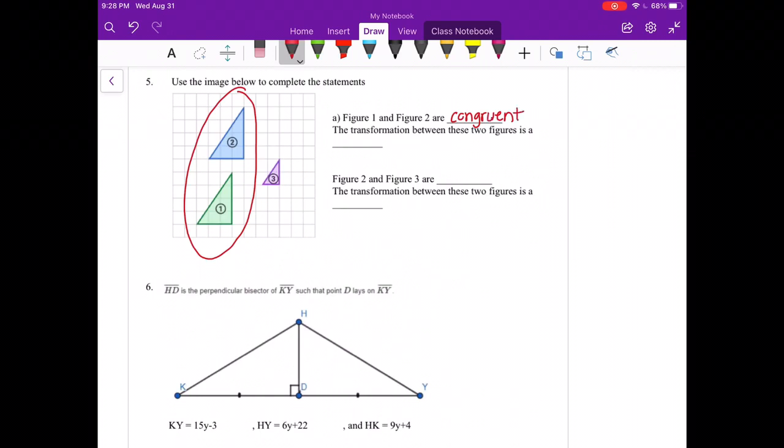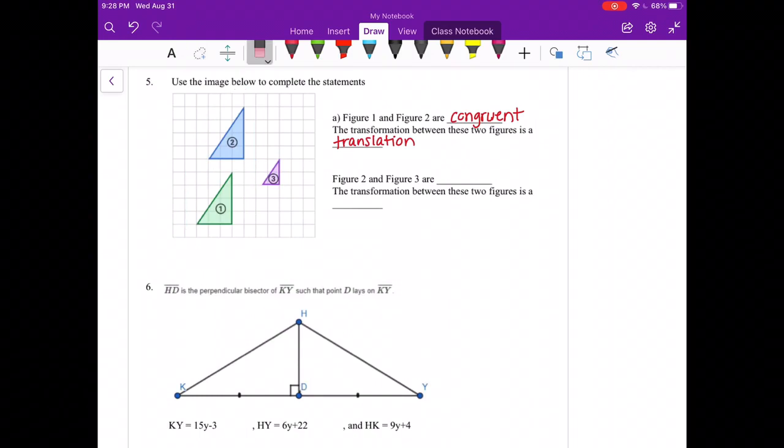And if you look carefully at what's happening in figure 1 and 2, you'll notice that all we did here was slide our figure up. A slide is just a translation. So a translation is the transformation that happened here.